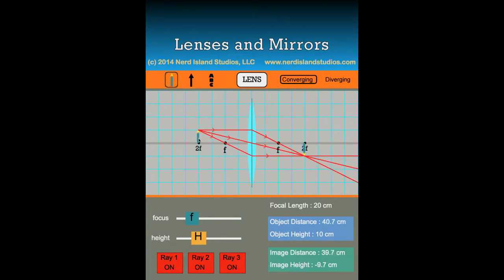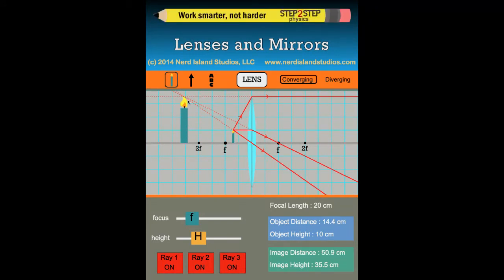If it's at 2f, it's the same size and inverted. If it's between f and 2f, it's larger and inverted. At f, there's nothing. And inside of f, the image is virtual and upright and bigger.